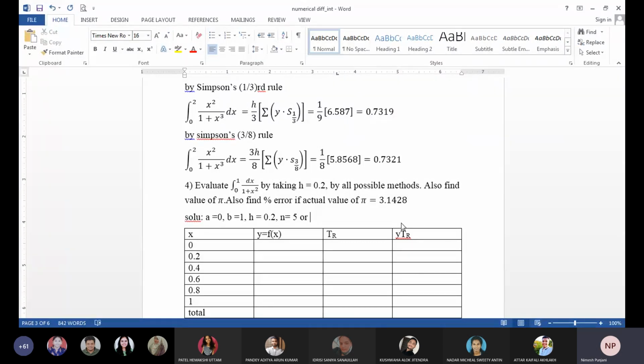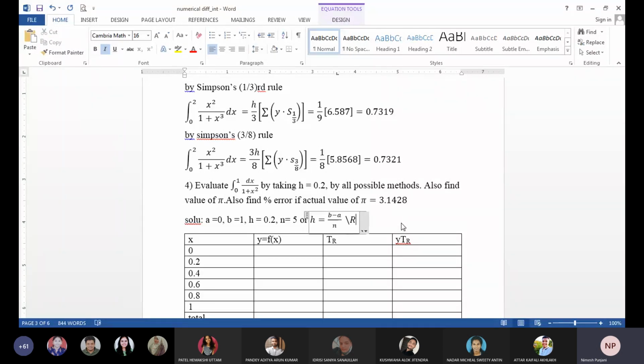See, we have the formula for h as b minus a divided by n, correct? This is the formula for my h. So what is my n using this formula? n is b minus a divided by h.